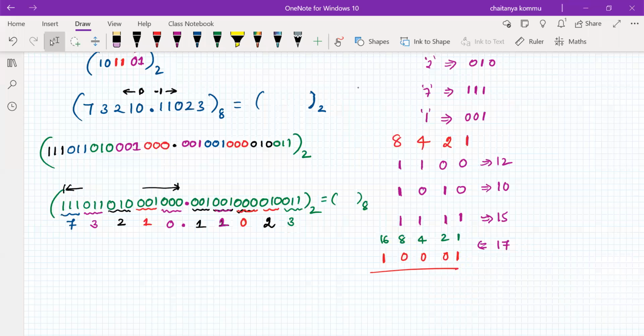Why are we doing this? Because a number in the binary number system is a huge number. It's very difficult to communicate binary numbers with other human beings. Therefore, we convert into a somewhat reduced form, like the octal number system.